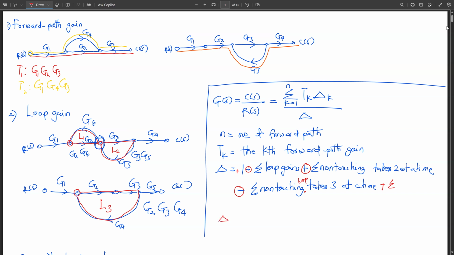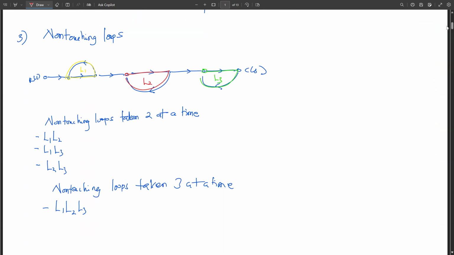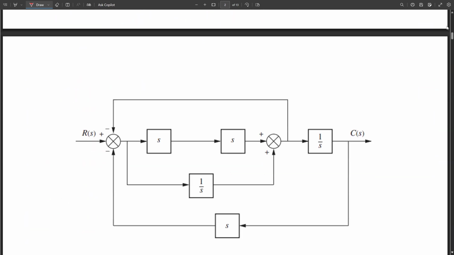Now the delta sub k, I'll come to that later. That one is much more involved, and I don't want to confuse you. When we start solving a question, you'll come to appreciate the function of delta k and what it represents. So based on everything I've said, let's move on to solving the question.